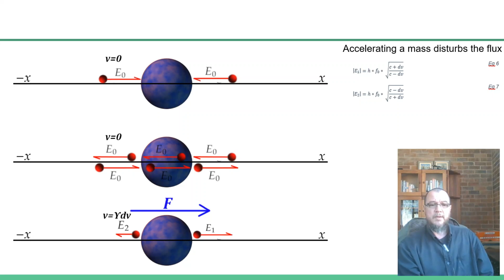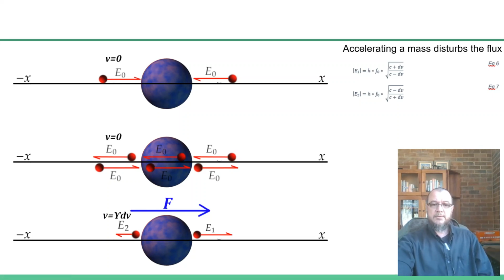When we further analyze the photons E1 and E2, if we look at the mods of the energies of E1 and E2, the change in energy that happened on the right-hand side is E1 minus E0, and E2 minus E0 is the change on the left-hand side.